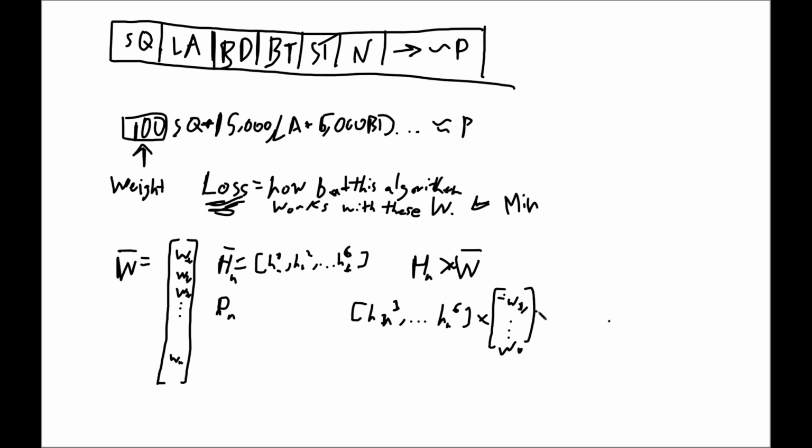What would that look like? That would be the first variable of the house times the first weight, plus the second thing in the house times the second weight, etc. So it's really the same thing as this, just a little bit neater.